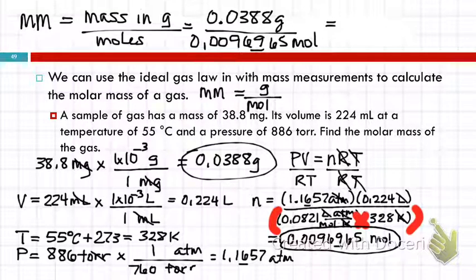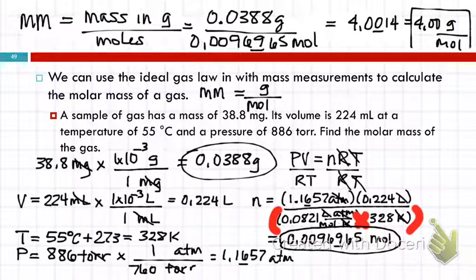And this result should also have 3 significant figures, 4.00. Write down the next 2 just to be safe. And then you can round it, 4.00 grams per mole. And that is our answer up there.